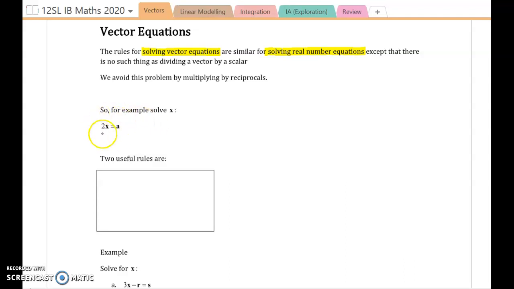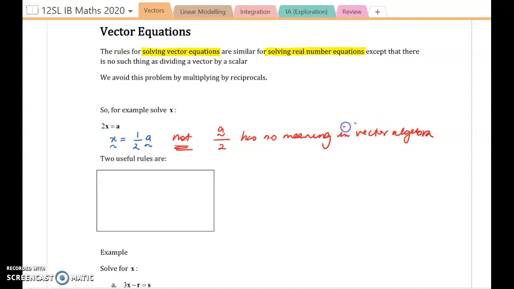So for example, if we were to solve this for x, we would have the vector x is equal to a half a. We do not write, and we emphasize this, a over 2. Now, the reason being, one, a over 2 has no meaning in vector algebra.